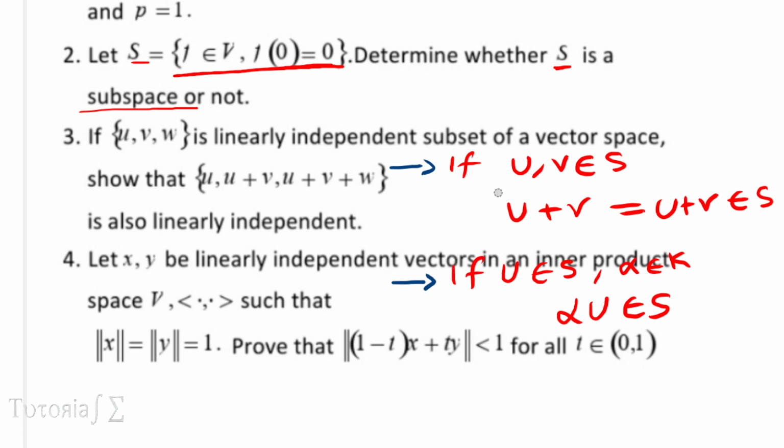The first one is if you get two vectors from the given definition and you add them, they should maintain the definition. Secondly, if you get a vector from the definition and you multiply it with a scalar from a K space, which is basically where scalars stay, they should also maintain the definition.